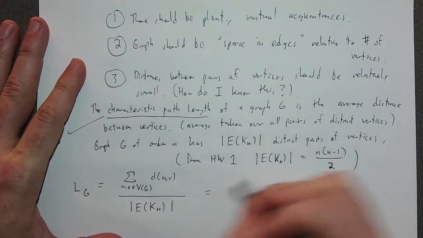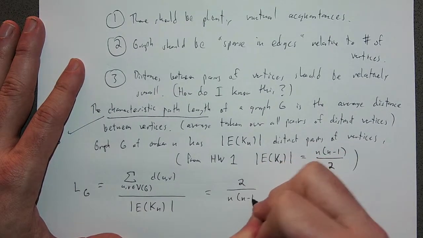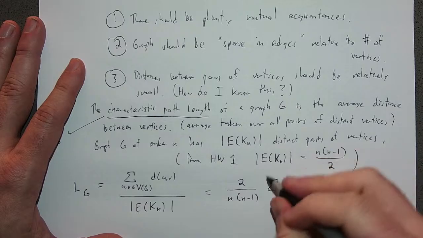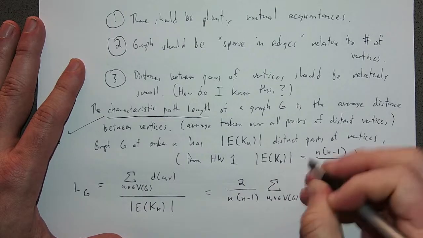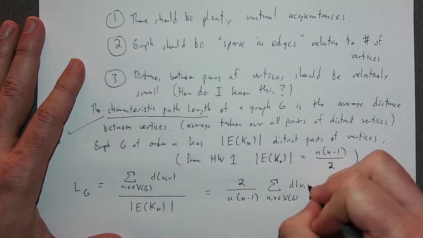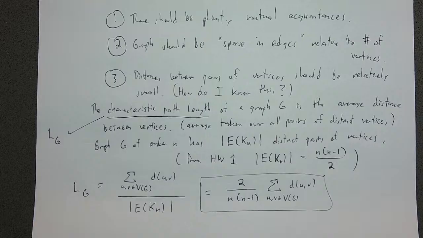So this would be 2 over n times n minus 1 times the sum over distinct vertex pairs of these distances. This is just the average path length. So this is the average distance between vertices. Okay.